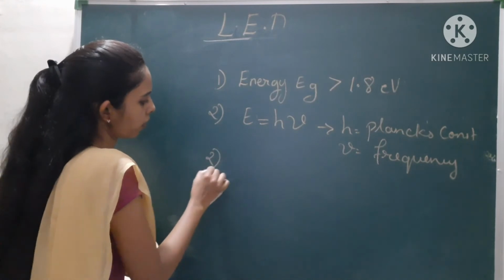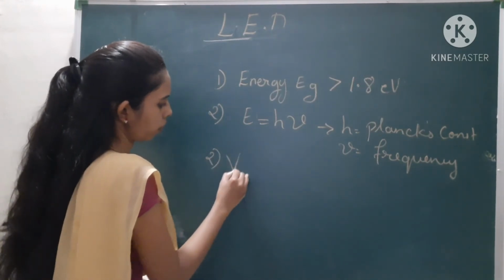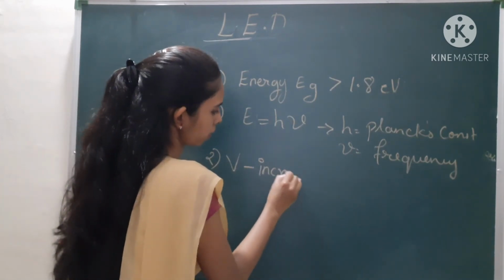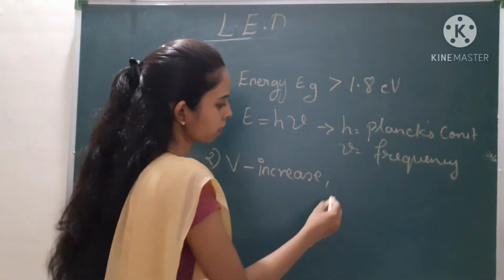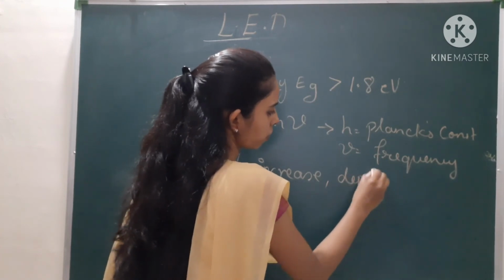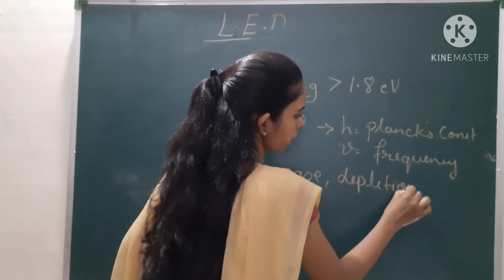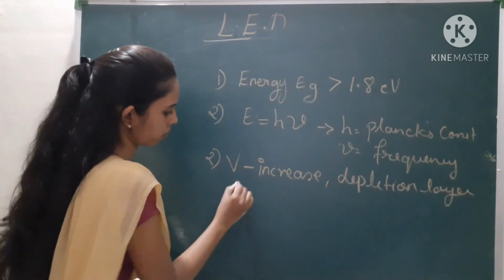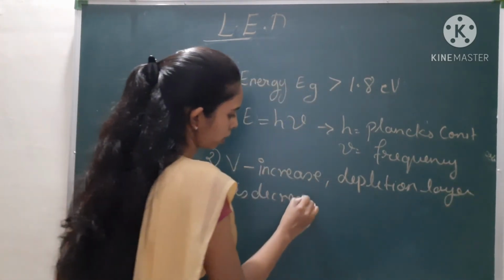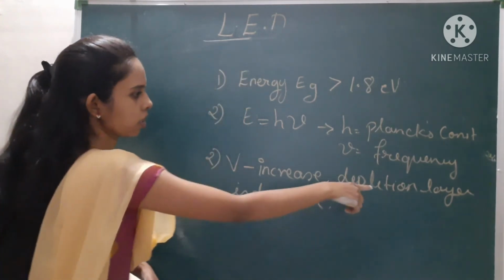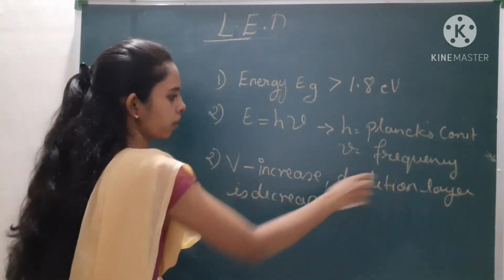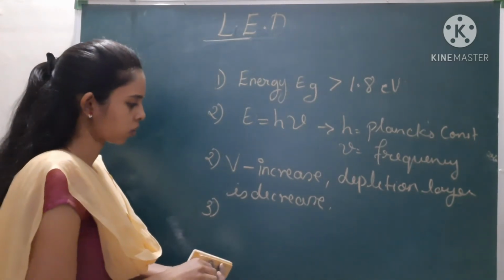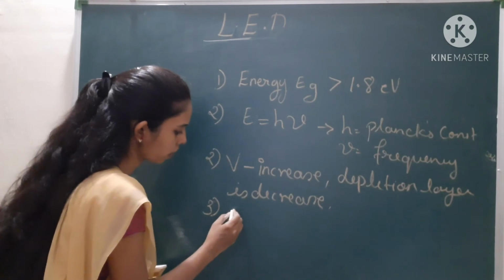Now, if the forward bias potential is increased, then the width of the depletion layer is decreased, and due to this decreasing depletion layer, what is happening? There is a recombination of electron and hole pairs.